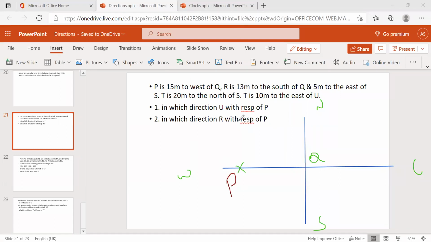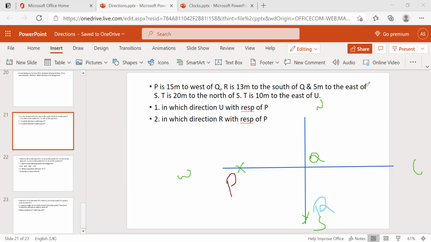Now, what they are saying again, R is 13 meters to the south of Q. So where will R be? Q is here, south of Q is this one, and 13 meters. Think here. Which one is it? R. R is here now.